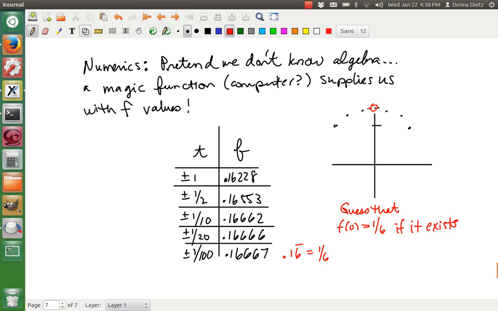This could be one of these functions that look like this, or it could be one of these functions that looks like this, or it could be one of these functions that look like this. Okay, all those are possibilities, but we don't really know. But all we know is what's happening to the limit on either side, and so it's approaching this spot, which could be filled in and it could be a hole.